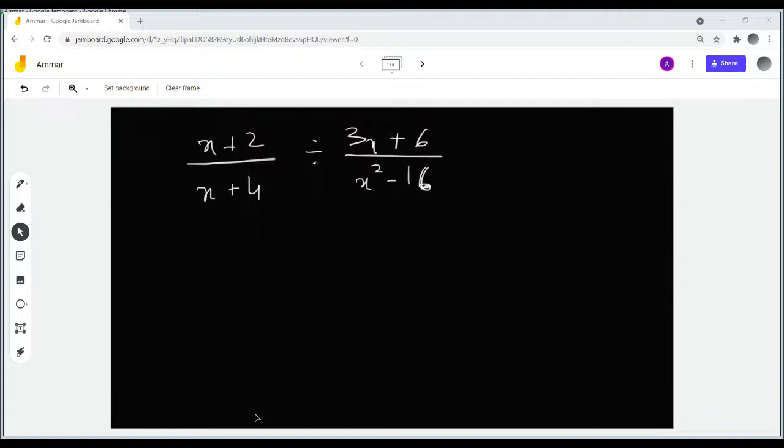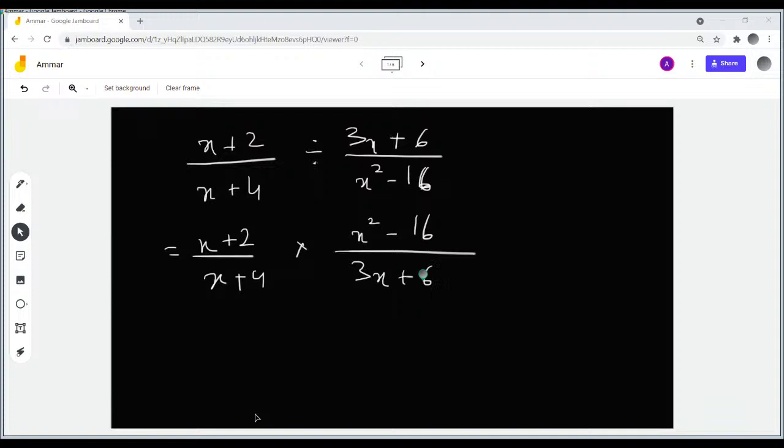So I get x plus 2 over x plus 4 multiplied by the flipped fraction. In the first few examples that I'm explaining, I'm going through every step, and obviously later on when we are doing questions, we'd be skipping a few steps. So x plus 2 over x plus 4, and then x squared minus 16. It gets broken down into factors. What would be the factors of x squared minus 16?